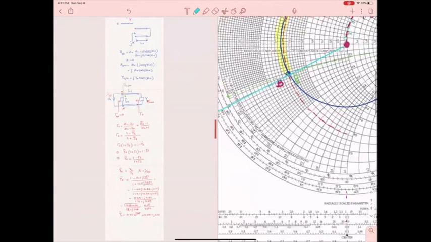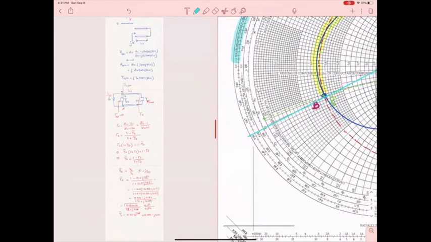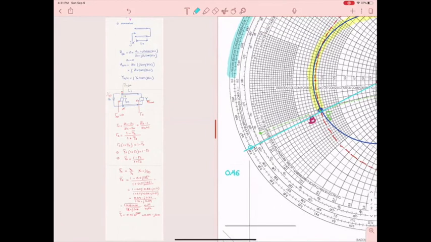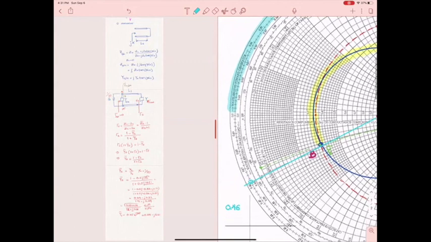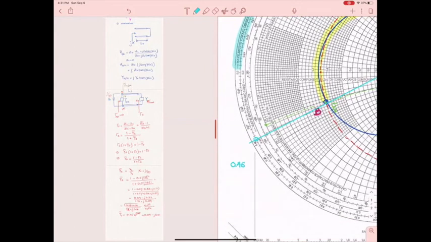And if I am to write it, it's going to be 0.46. That's a value. This is usually in wavelengths. All right, everything that you read here is in wavelengths.